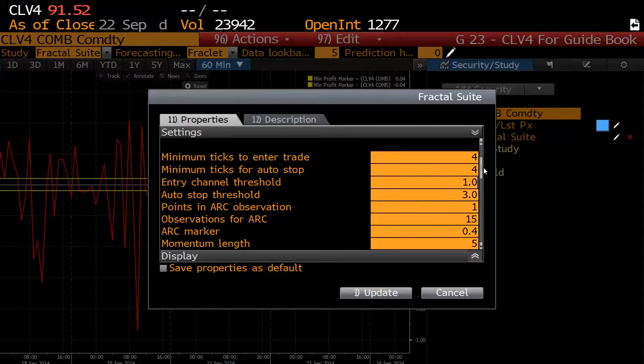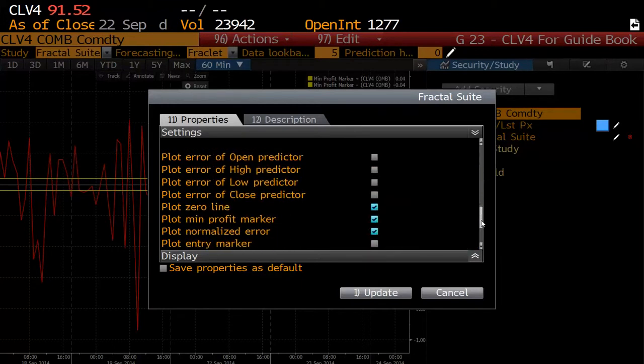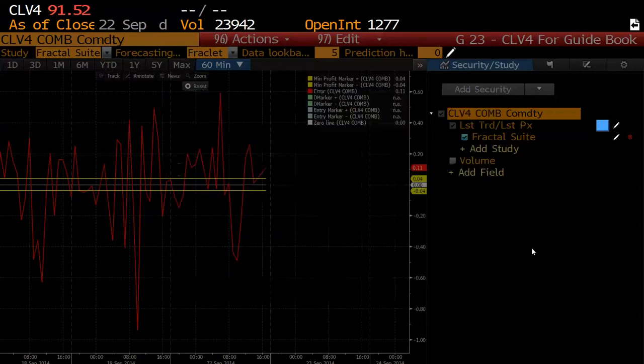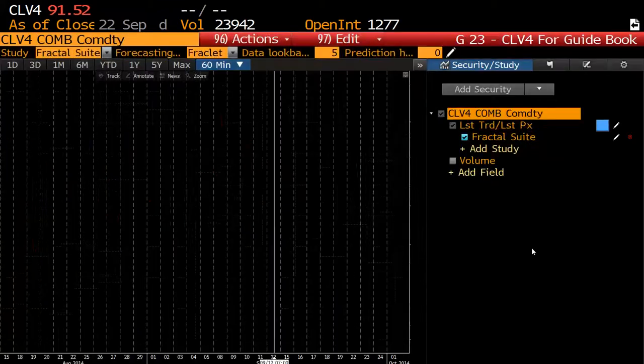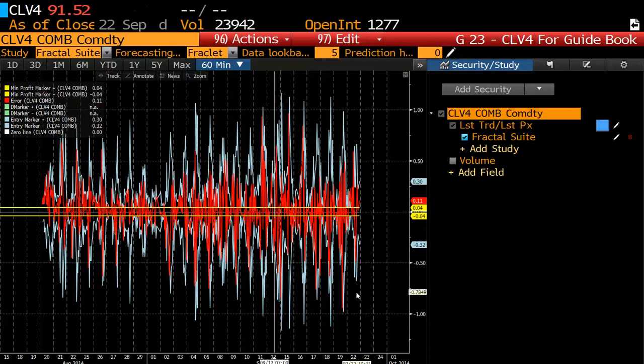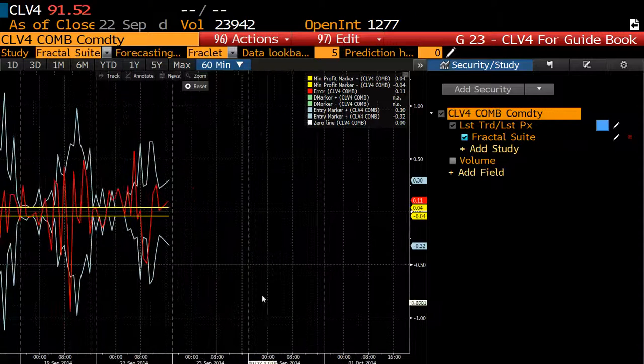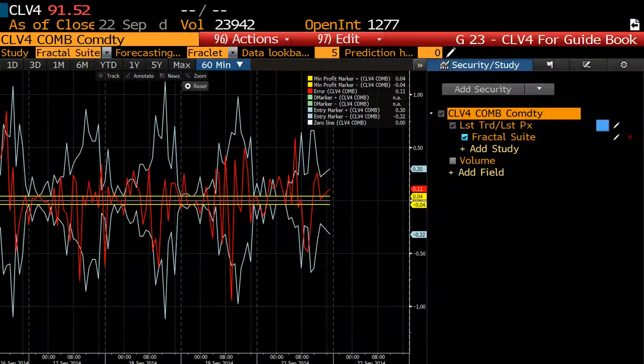And we'll scroll down to plot entry marker. Let's update this. All right, so now what we see here is the range for this entry marker. So this is going to give us our entry points.